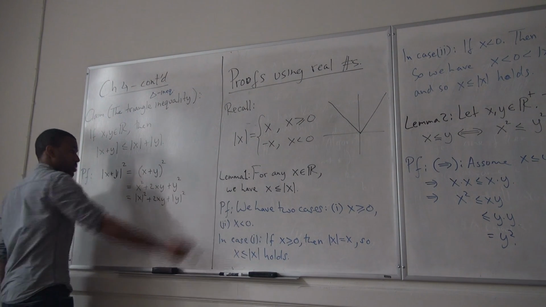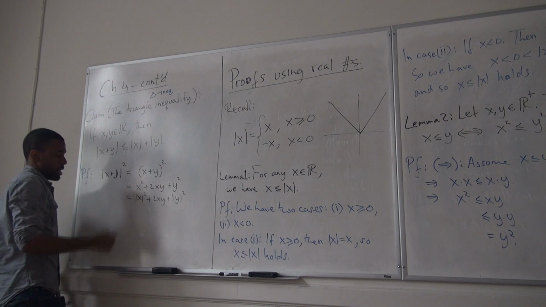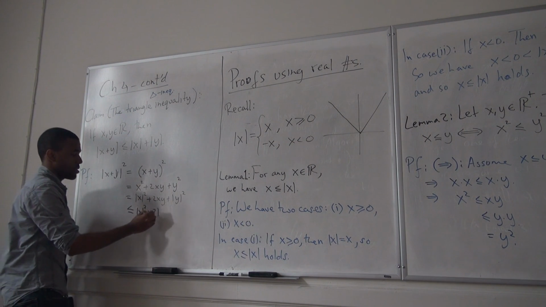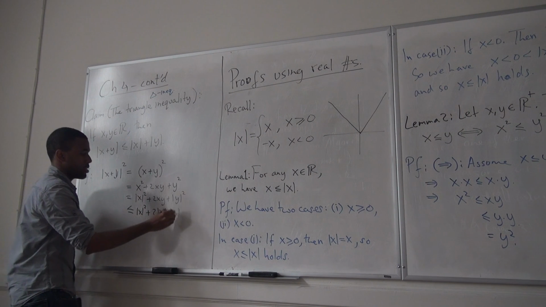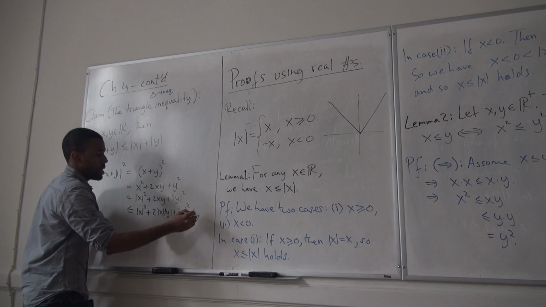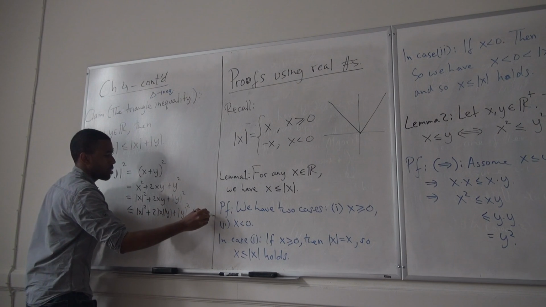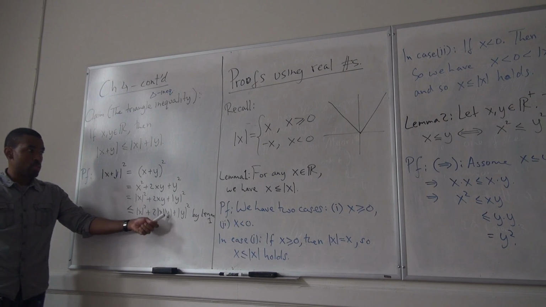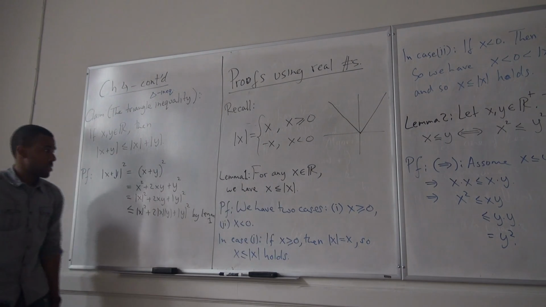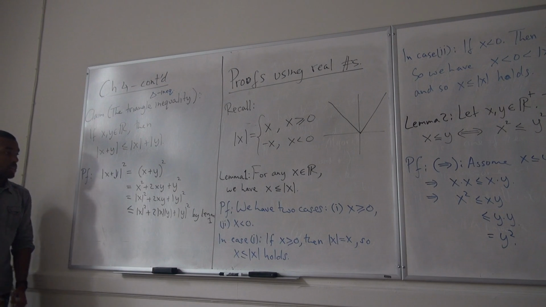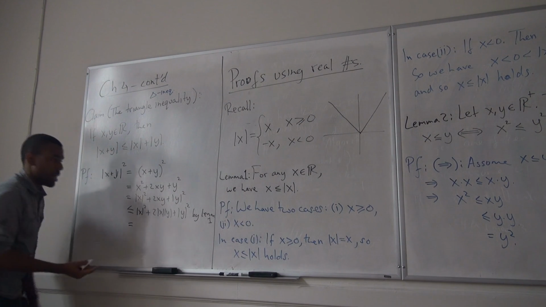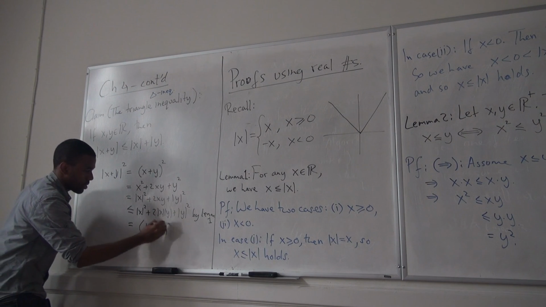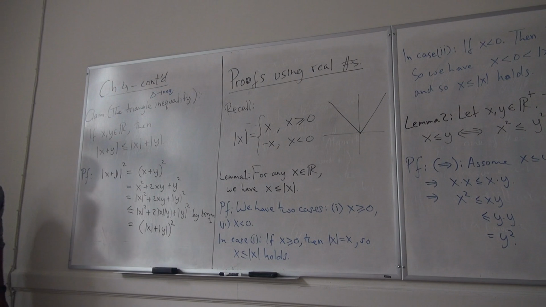You don't need cases. You have this, right? I can literally just say this is less than or equal to that by lemma 1. If I replace x with absolute value x and y with absolute value y, I get something that's bigger. Right? So I just did that. Now I can just FOIL it. That's that.